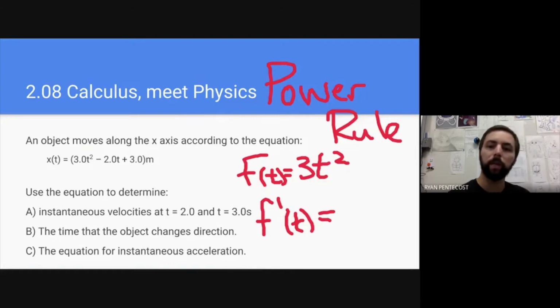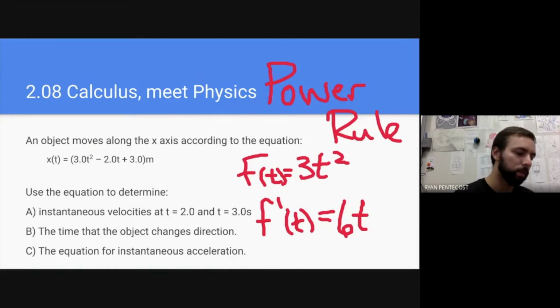What you do is you take the exponent and multiply it by the coefficient that's out front. So 3 times 2 is 6. And then you still have your variable. And then your exponent gets decreased by 1. So this would be 6t to the first. So that is how you do the power rule for 3t squared.